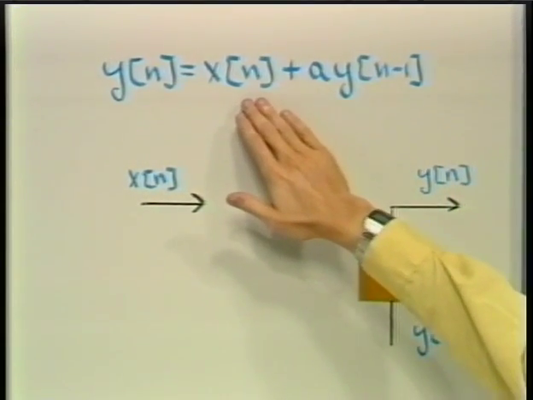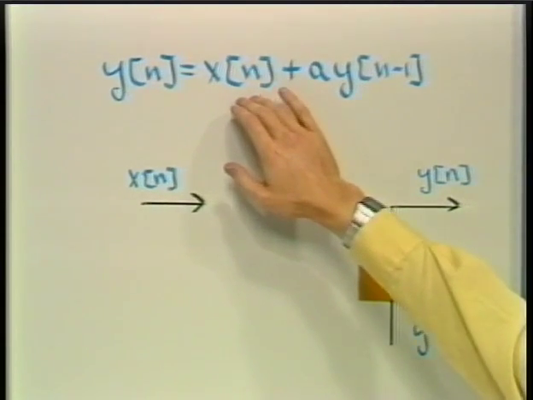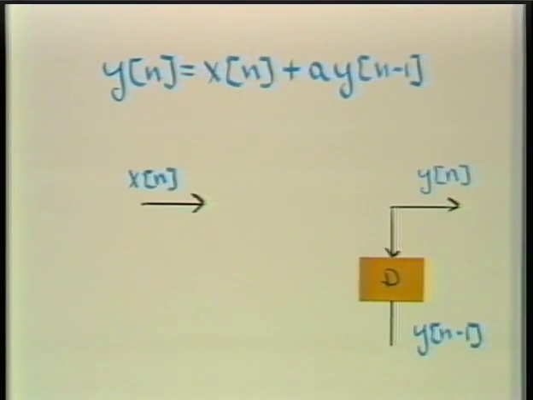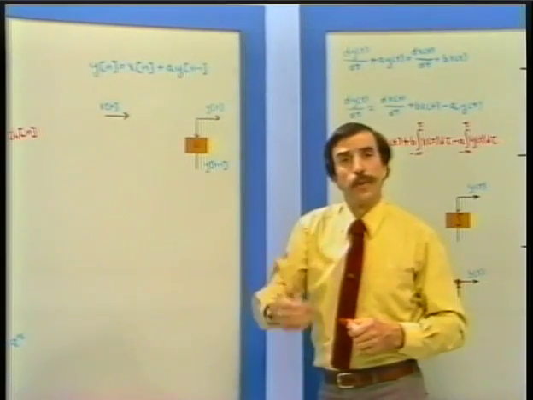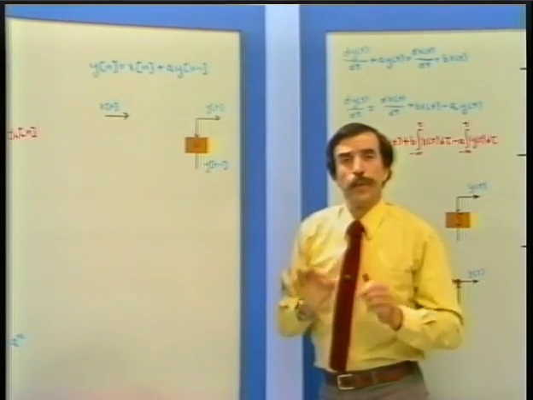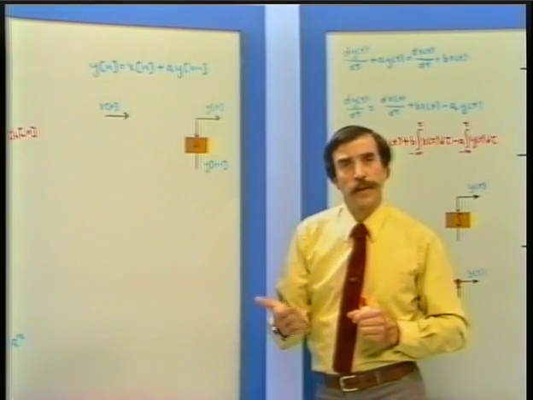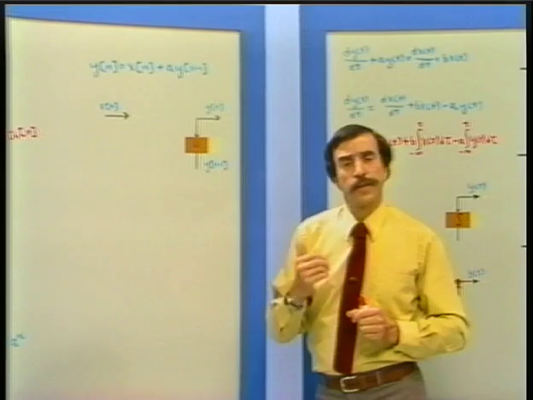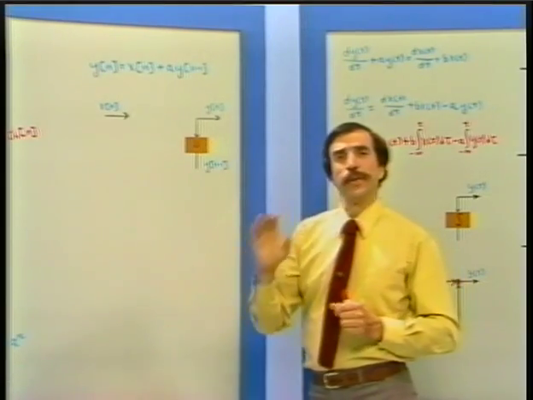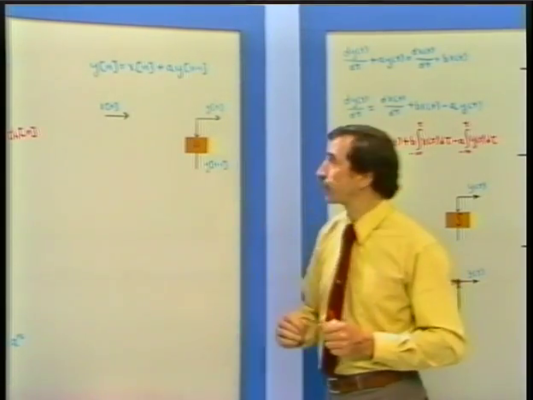The equation says we take x of n for any given value of n, say n0, whatever value we're computing the output for. We take the input at that time and add to it the factor a times the output value that we calculated last time.